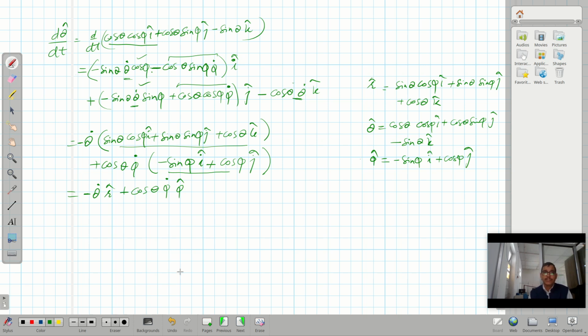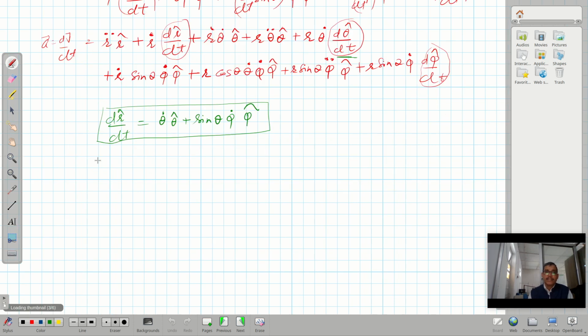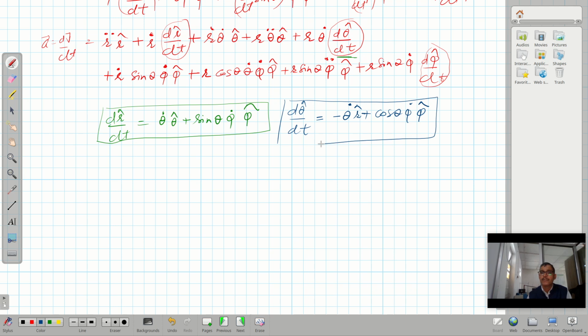So that means d theta cap over dt can be written as minus theta dot r cap plus cos of theta phi dot phi cap. Now let us try to find out this term.